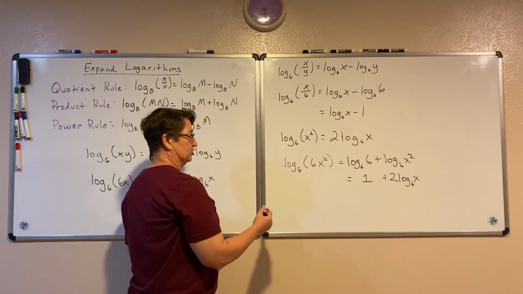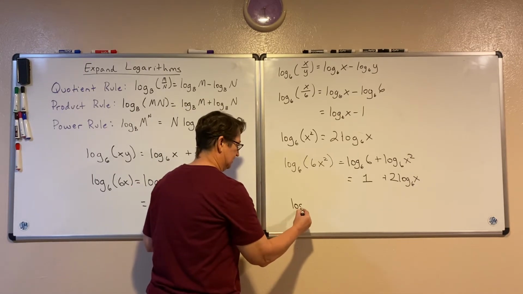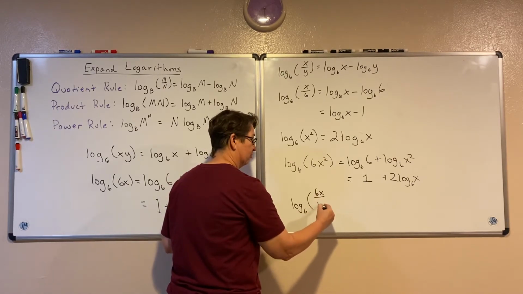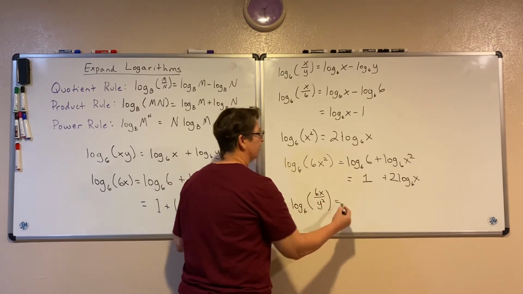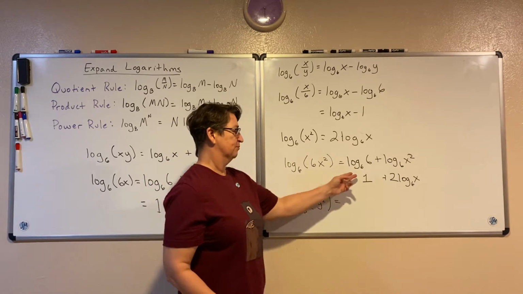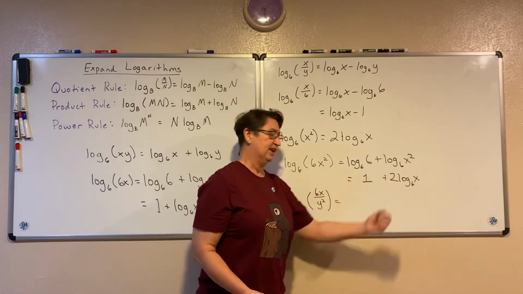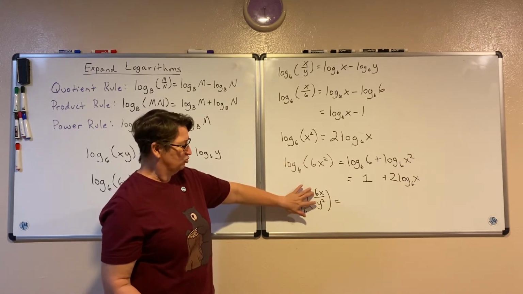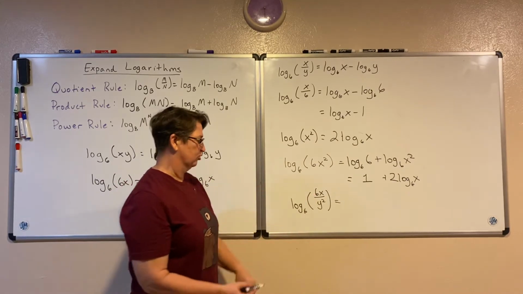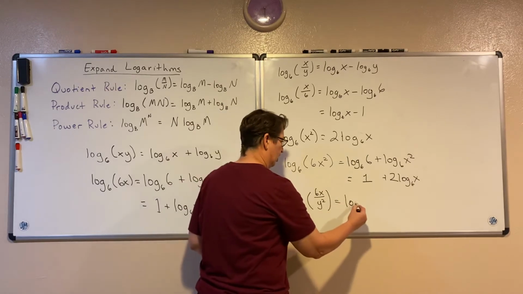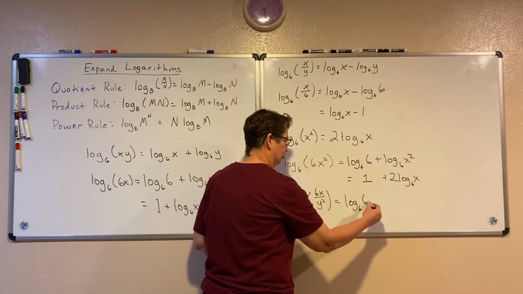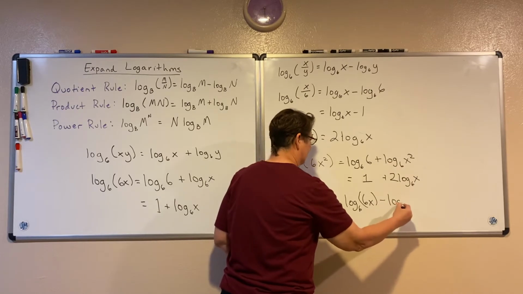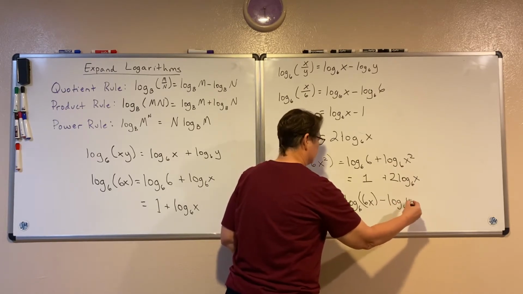Then let me do log base 6 of 6x over y squared. That's as simple as it can get, and yet it's in that expanded form. Here, first I see a quotient. I'm going to use that quotient rule first, where I do log base 6 of the numerator minus log base 6 of the denominator.